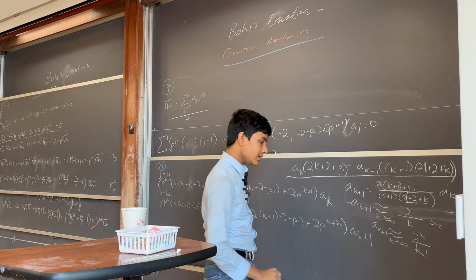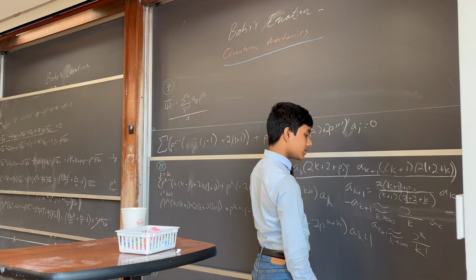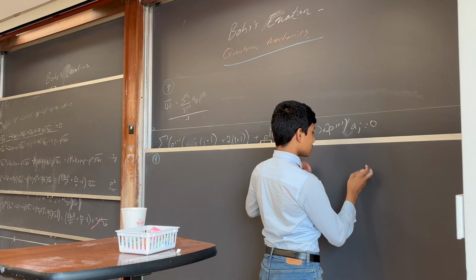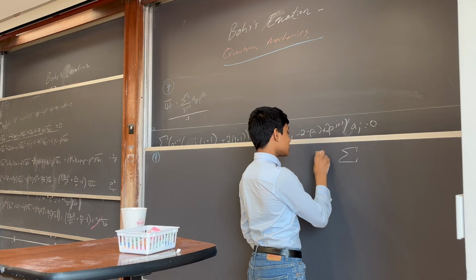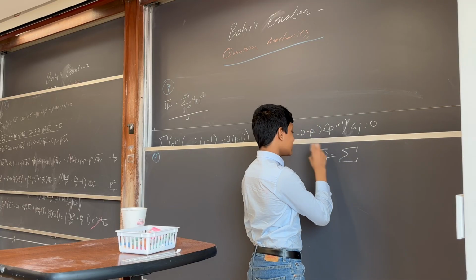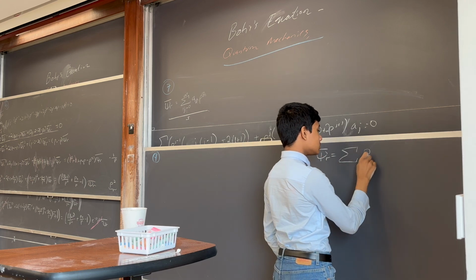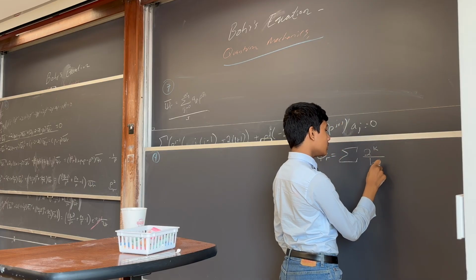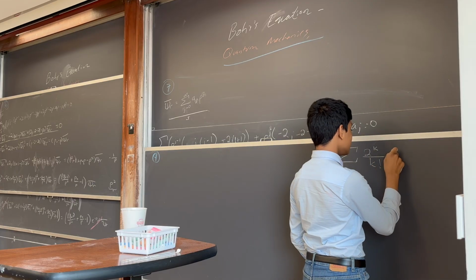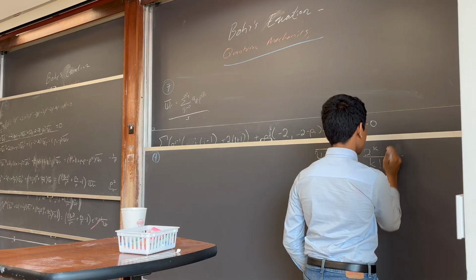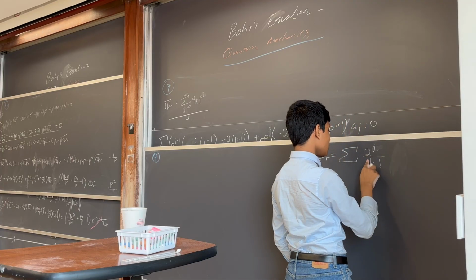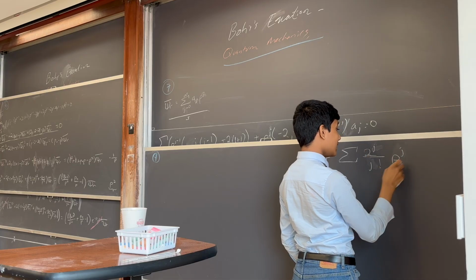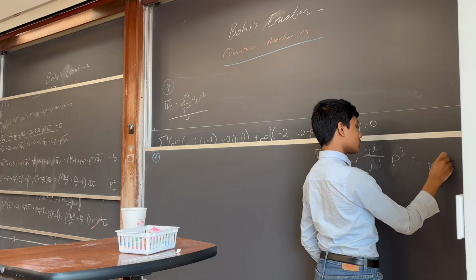And what happens then? Well, it implies that the summation for psi r overline is equal to 2 to the k divided by k factorial multiplied by rho to the j. That is just e to the rho.